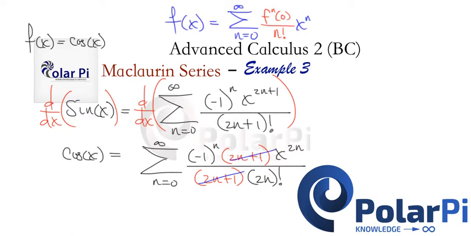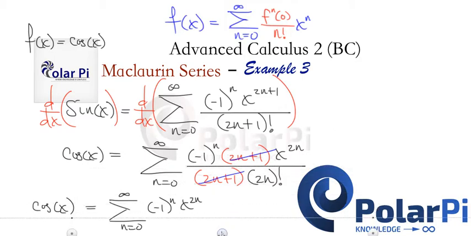And so the closed form for the Maclaurin series for cosine x is the sum from n equals 0 to infinity of negative 1 to the n, x to the 2n power, all divided by (2n) factorial. There we are. That's the Maclaurin series for cosine.